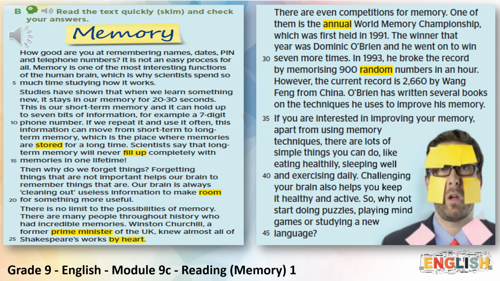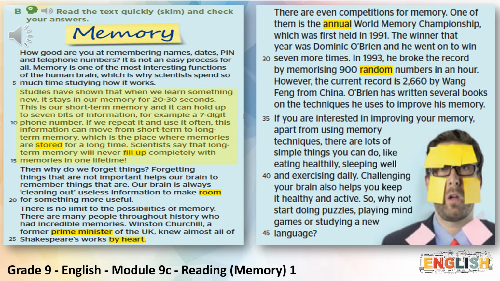9C. 1. Read. Memory. How good are you at remembering names, dates, PIN and telephone numbers? It is not an easy process for all. Memory is one of the most interesting functions of the human brain, which is why scientists spend so much time studying how it works.